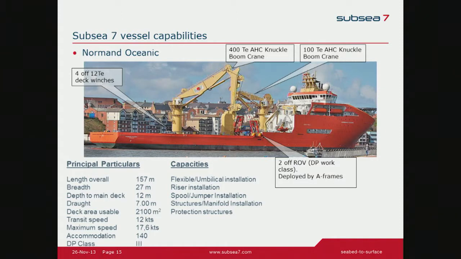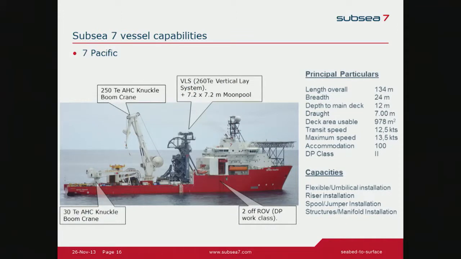At the moment, no FlexLay system. It has been used with the horizontal lay spread already. And the 7 Pacific, which has been used only slightly in the North Sea, still has a FlexLay tower, 260-ton capacity, and a 250-ton crane, and a back deck crane also.